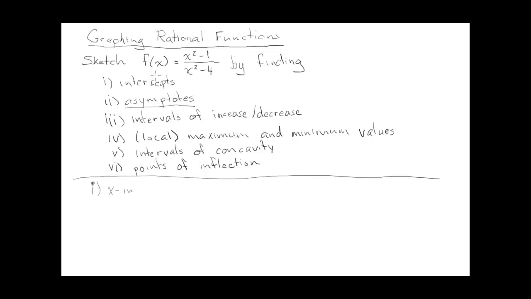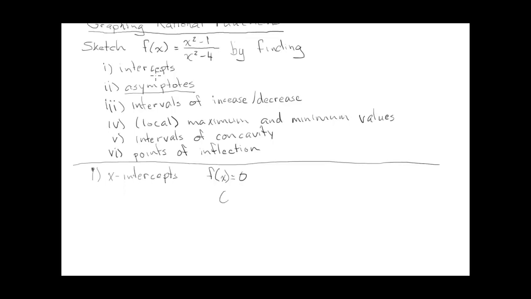X-intercepts will occur whenever f of x equals 0. So you'll take that function, set it equal to 0. Now with a rational function, what you'll need to do is factor both the numerator and the denominator. Make sure there's no common factors, which there are not.